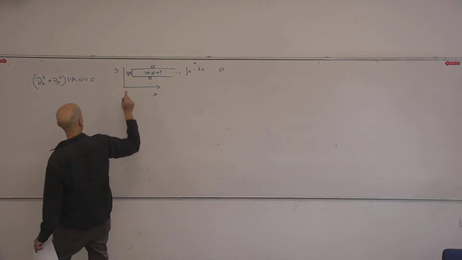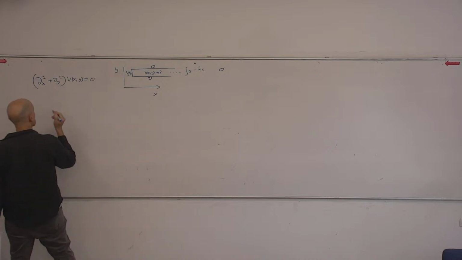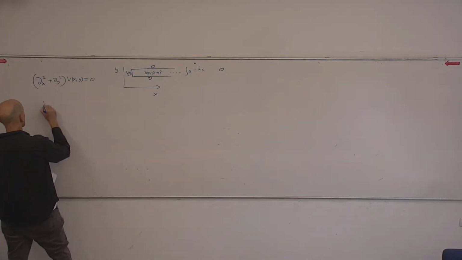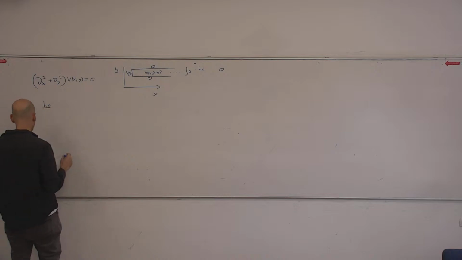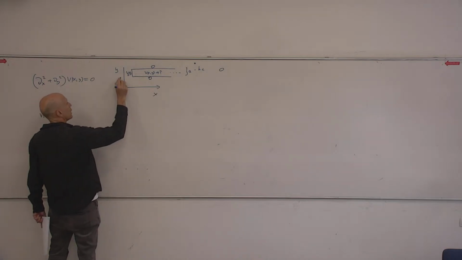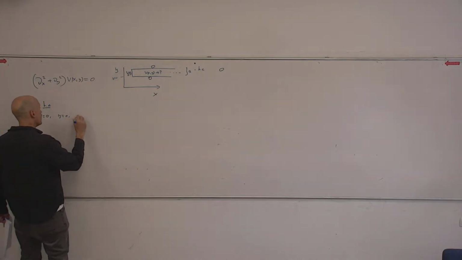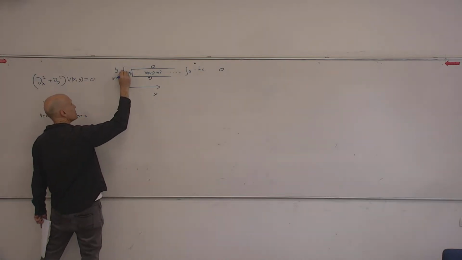I will define the coordinates so that this will be point 0. Let us define the boundary conditions a bit better. So V equals 0 when y equals 0. So actually this is y equals 0. And when y equals a, up here, V equals 0.